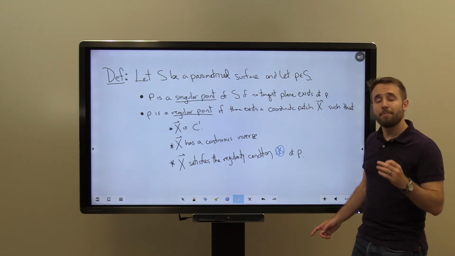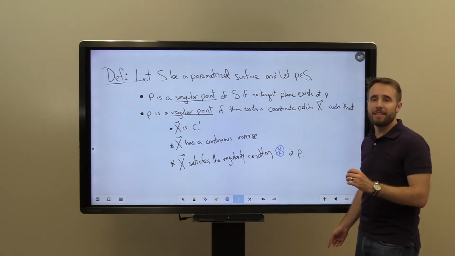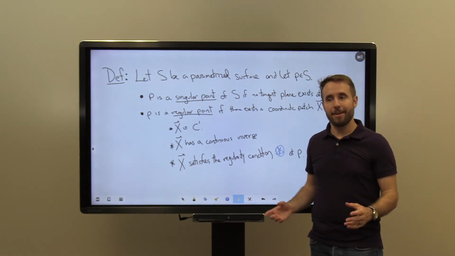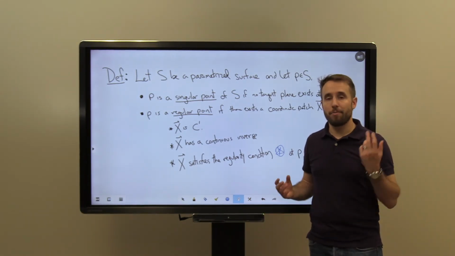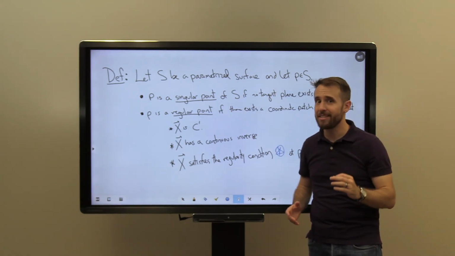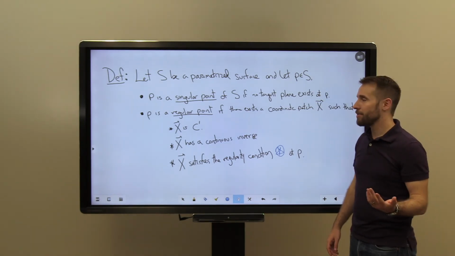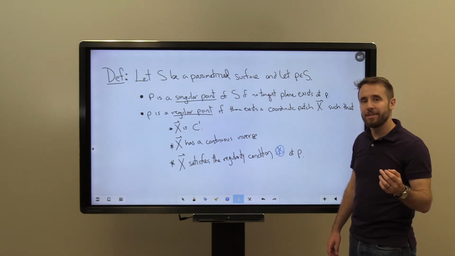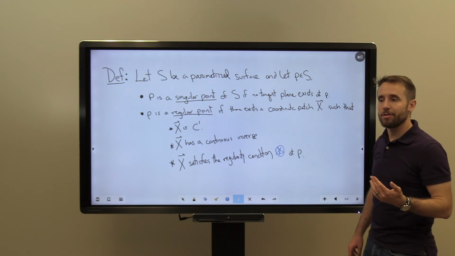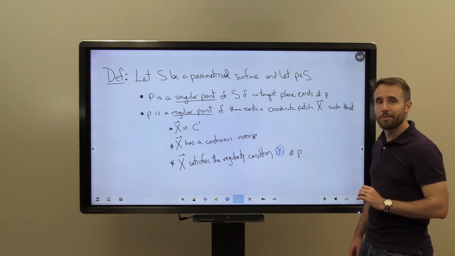Specifically, a point P is called a singular point if the tangent plane doesn't exist there. So this could be a point where our surface has collapsed into a sharp point, like our cone example from earlier. This could be some other sharp edge along our surface. Such points will be called singularities, or singular points.